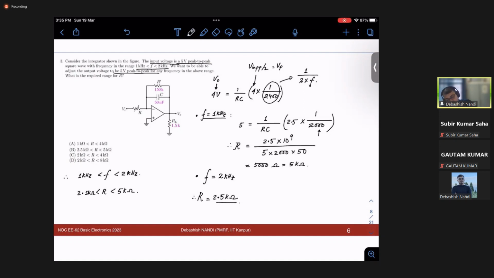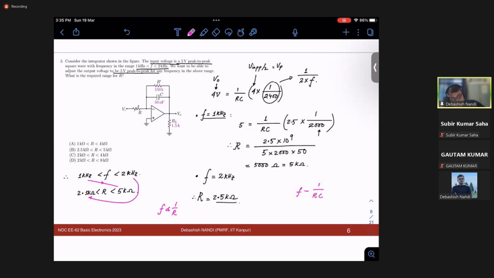So this is corresponding to this and this is corresponding to this. What does that mean? That your frequency is proportional to 1 over R, which we also know, if your C is constant, you can check the dimensional analysis also, right? So f equal to 1 over RC from the dimension point of view, this is right.